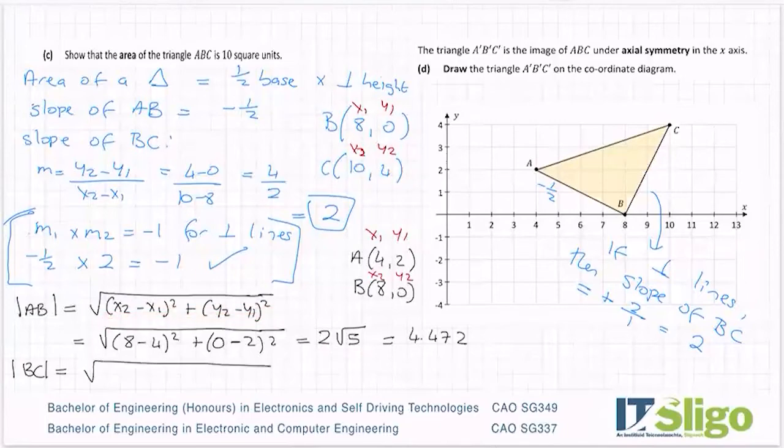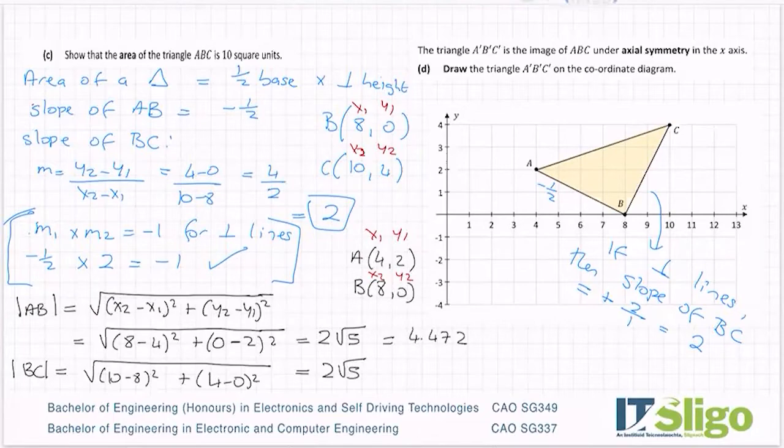So it's the square root of x2 minus x1, so 10 minus 8, plus y2, 4 minus 0, ought to be squared. And again, into the calculator again. So square root, bracket, 10 minus 8, close your bracket, ought to be squared, plus bracket, 4 minus 0, ought to be squared. So I got 2 root 5 for that.